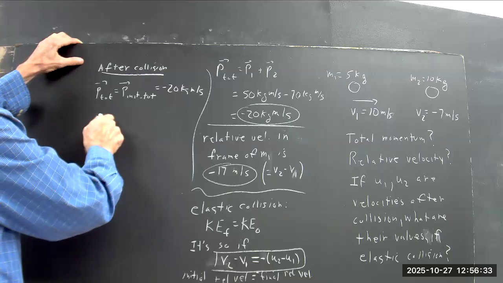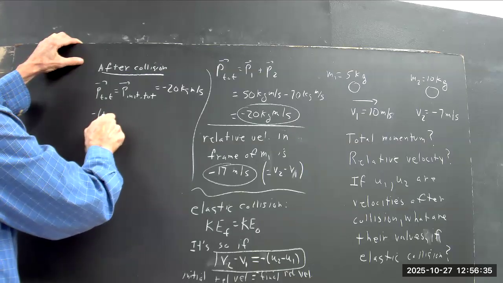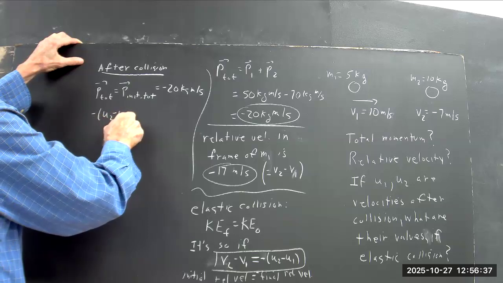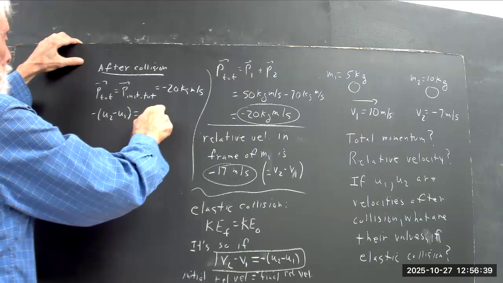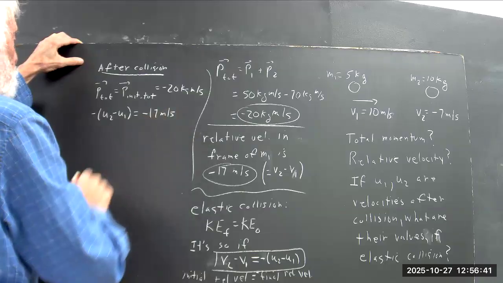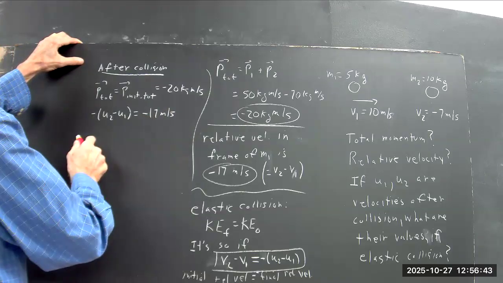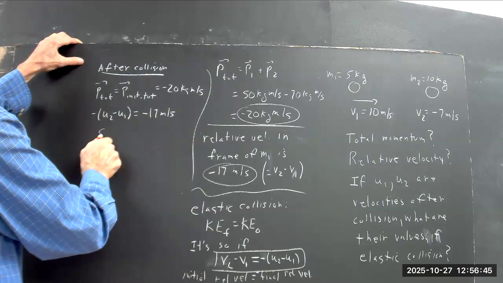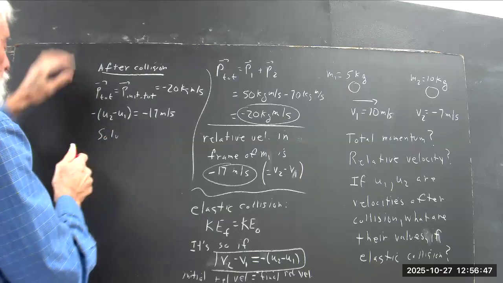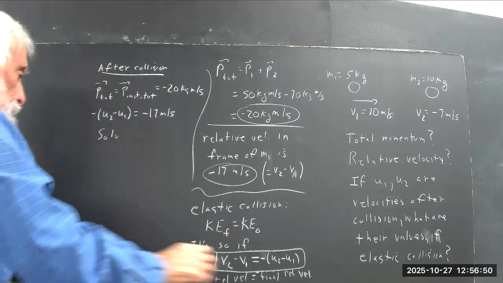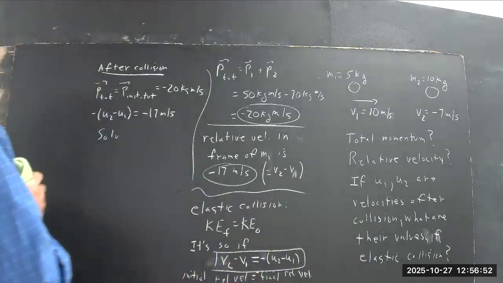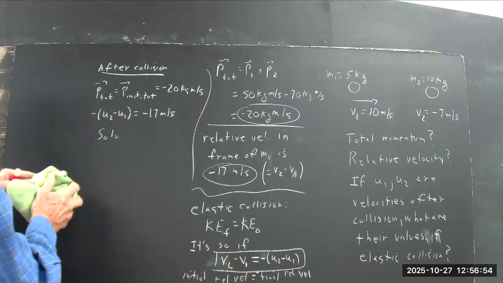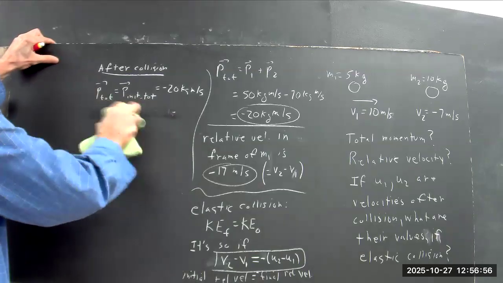And negative of U2 minus U1 equals negative 17 meters per second. I'm going to rewrite that.